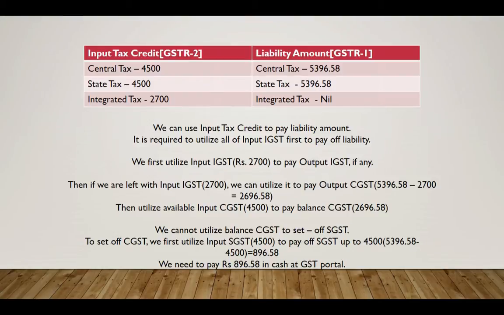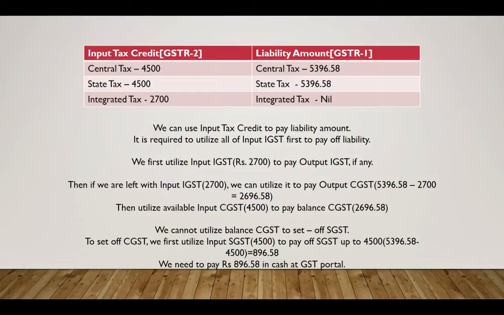The first and important rule is that we first need to fully utilize the input IGST to pay all the taxes. Only after the input IGST gets exhausted, you can use CGST input tax credit and SGST input tax credit to set off the liability amount.